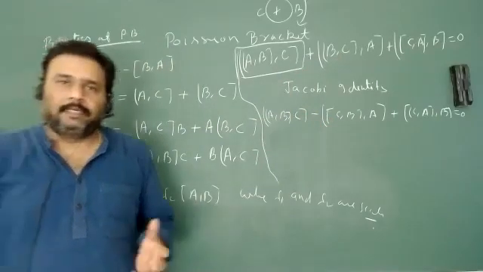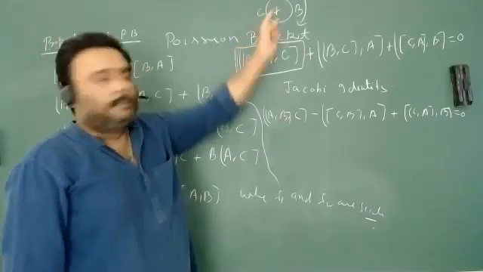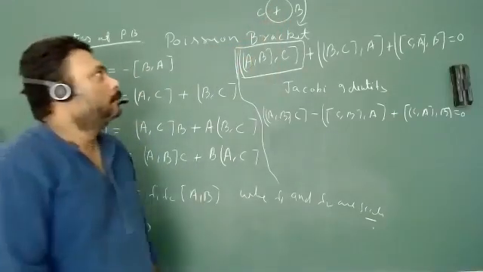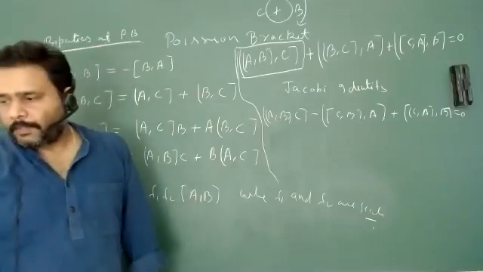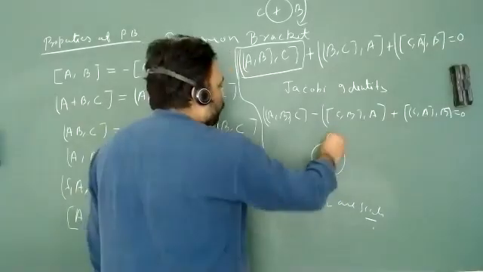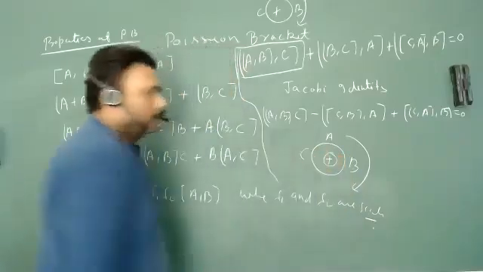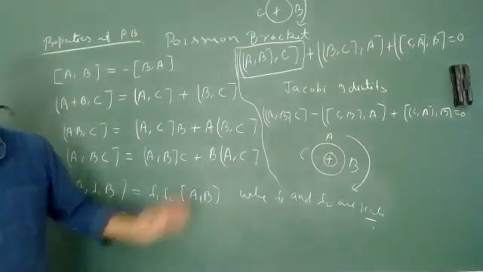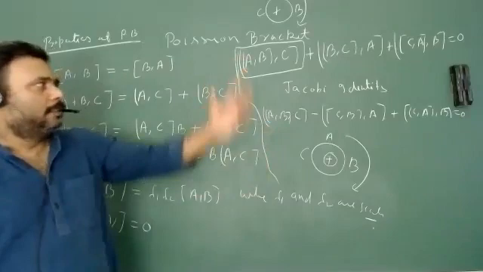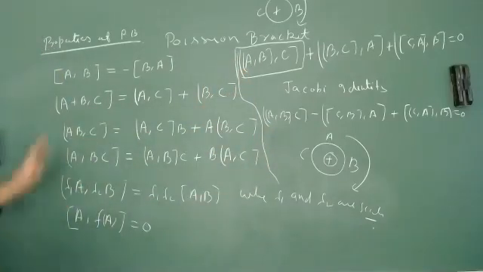So the sign convention is very important. If you are moving in the clockwise direction, you take the positive sign. If it is not visible, you can write just like that: A, B, C. You can move and you have this positive sign. So this is my sign convention. These are the properties of the Poisson bracket, and you have to remember them. But the most important properties are these two.